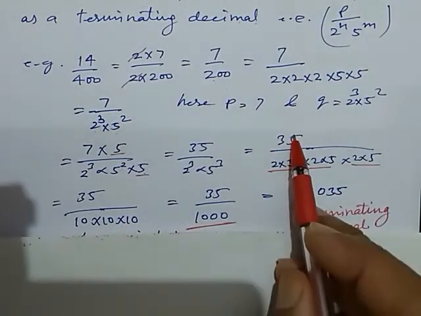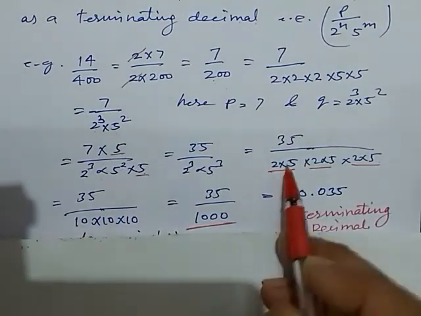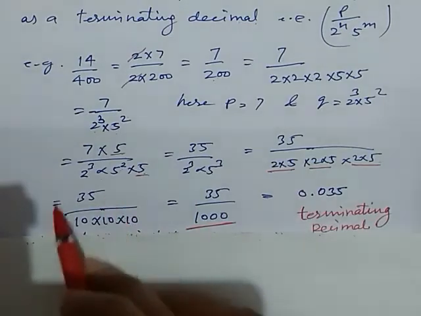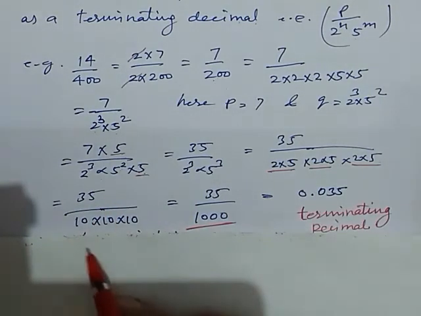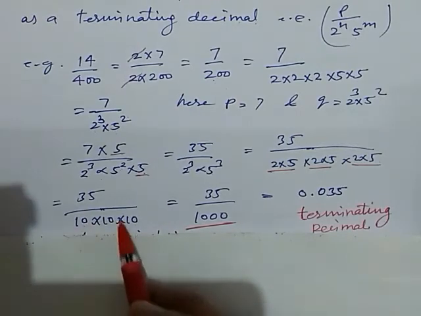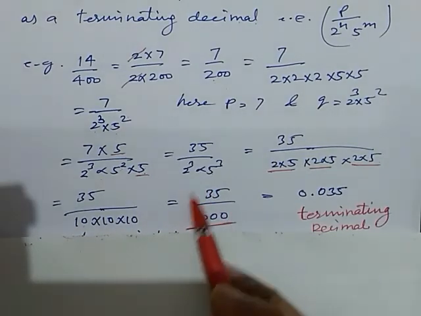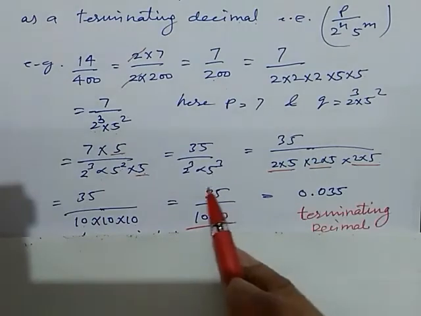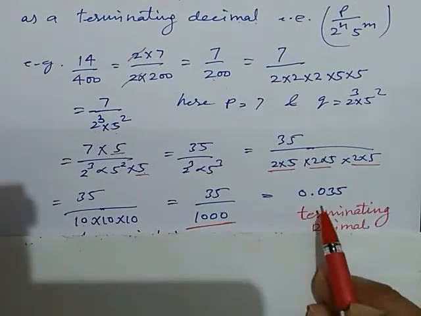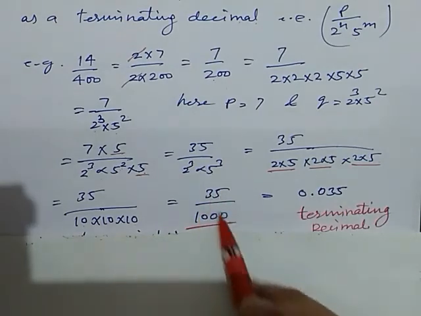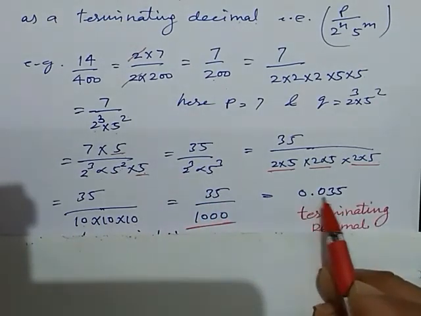Here 35 is our numerator, and 2 into 5 is 10, three times. So the denominator of this p by q number is converted into 1 and 0s only: 10, 100, 1000 and so on. So this can easily be written as 0.035. When we divide 35 by 1000, we get 0.035.